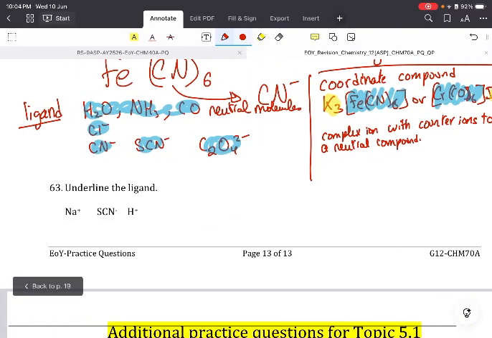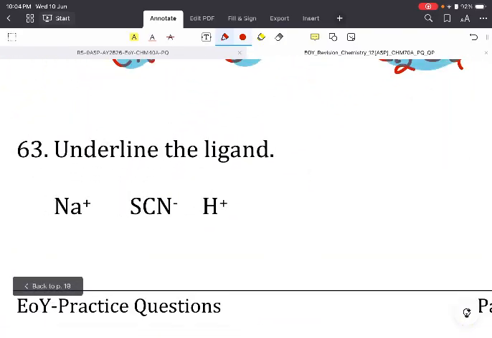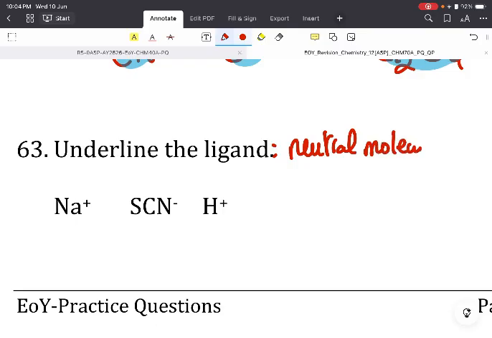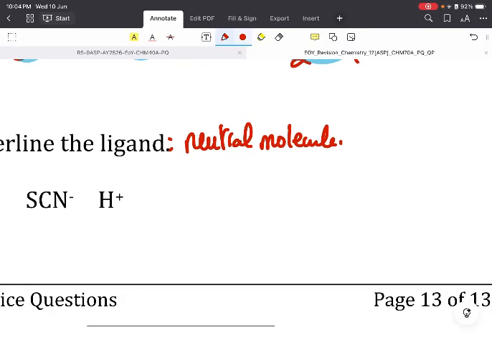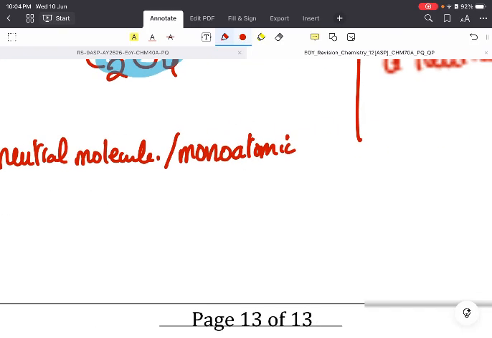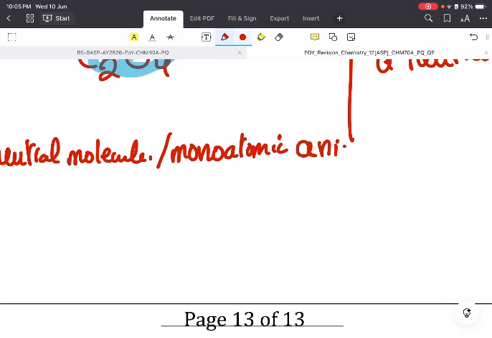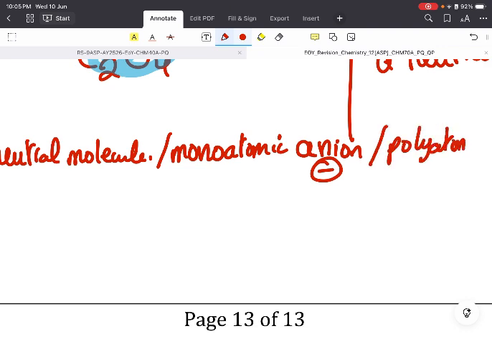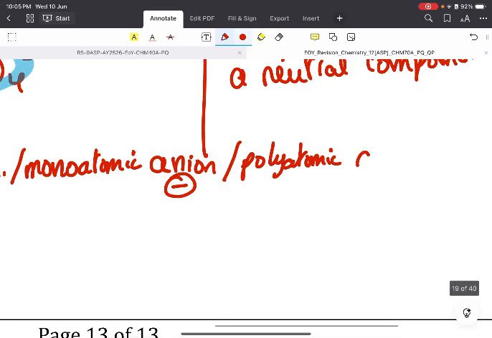Now, the last question in the focus question: underline the ligand. Again, the ligand should be a neutral molecule, or a monoatomic anion, or a polyatomic anion, meaning a negative ion.